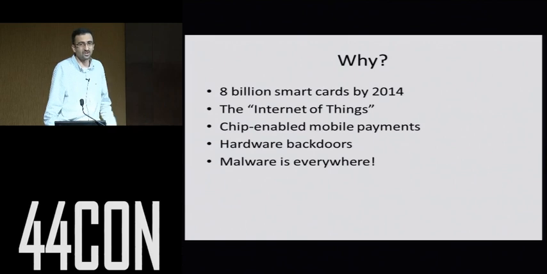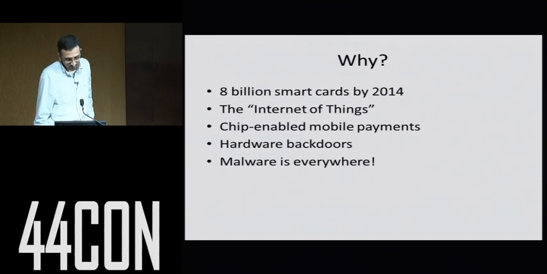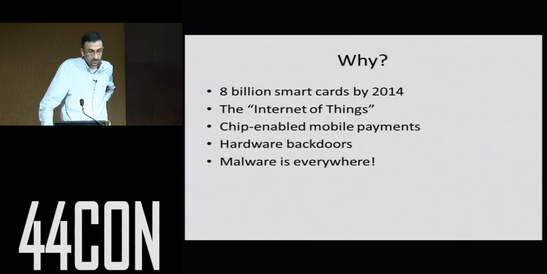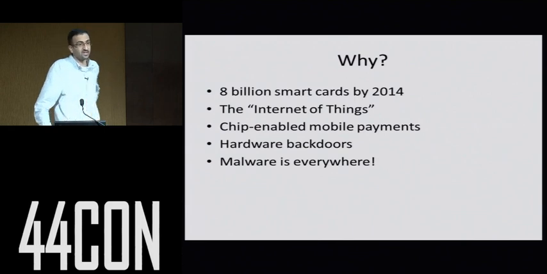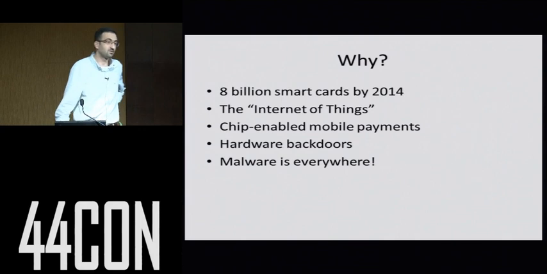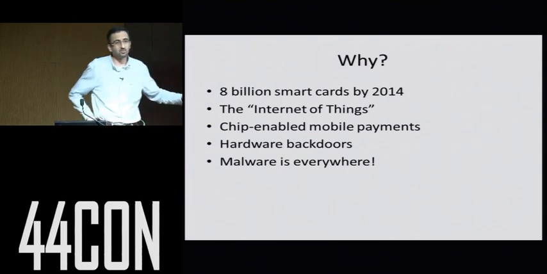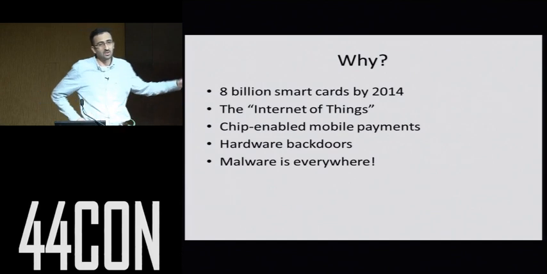Your refrigerator, your power meter. The third one is chip-enabled payments, especially the NFC market right now. Last month, the first NFC SIM cards were rolled out in France by Orange. The interesting thing with these smart cards is that so far the applications were mostly developed by the telecom, by the issuer.